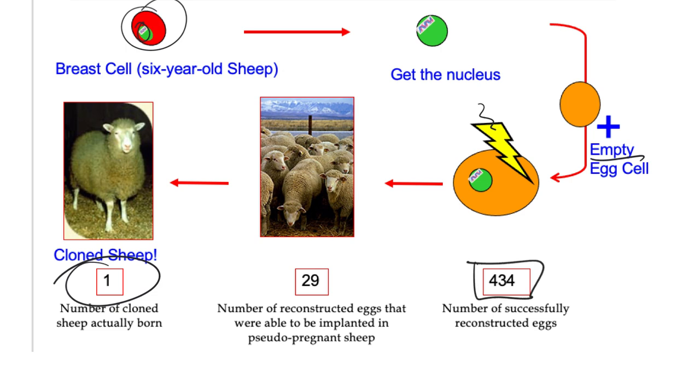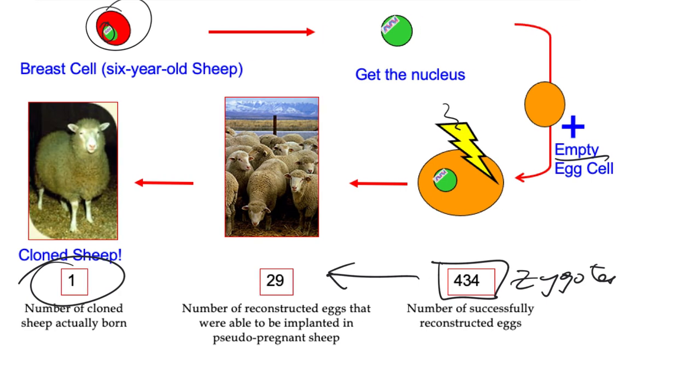So you got 434 zygotes after many, many attempts. Of those 434 zygotes, only a small percentage of them were actually able to be implanted in a surrogate mother. The other ones died in the attempt.